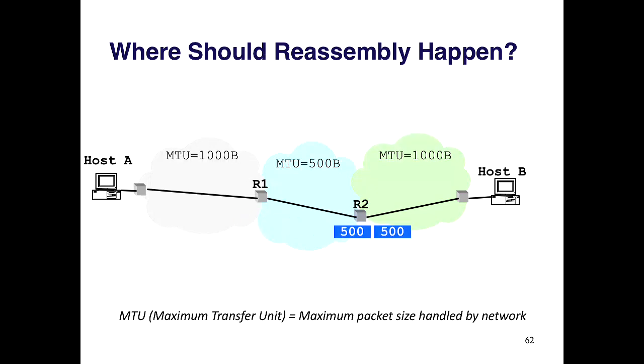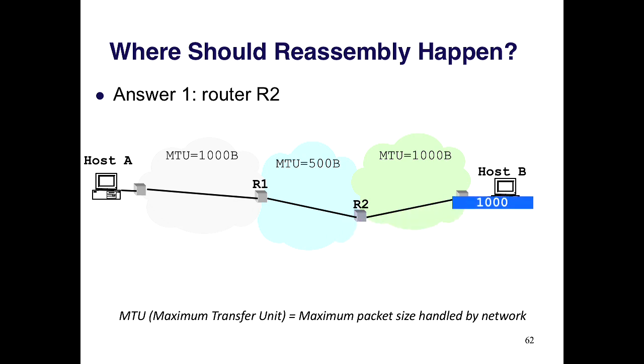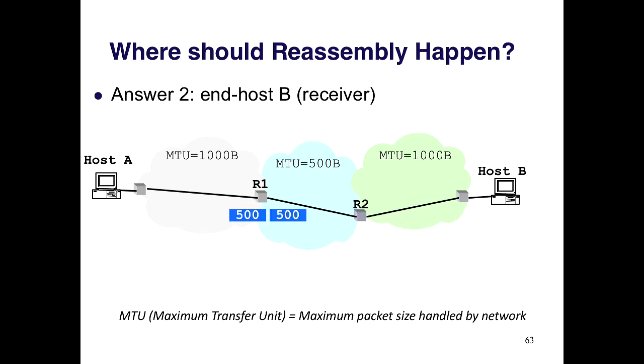I can either do that reassembly at router R2, so it's going to reassemble it into a 1,000-byte packet and send it on. Or the other option is that I just send those two fragments all the way to the destination, and the operating system, the IP implementation in the destination end host is going to do the reassembly.